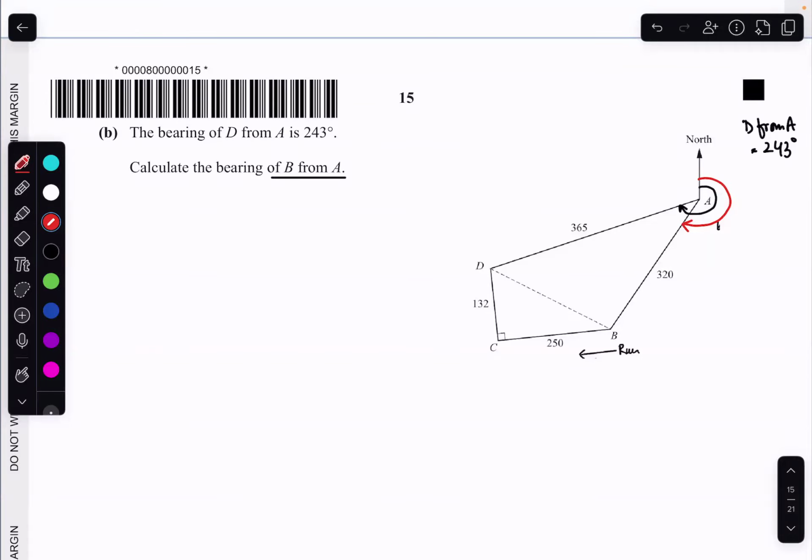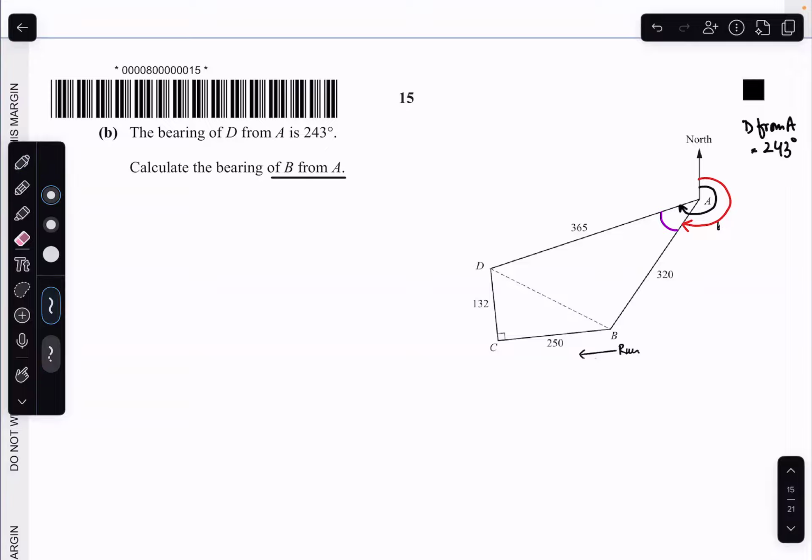If I can figure out this angle and subtract it from 243, will I get the bearing of B from A? Can I say that? Yes or no? Yes.